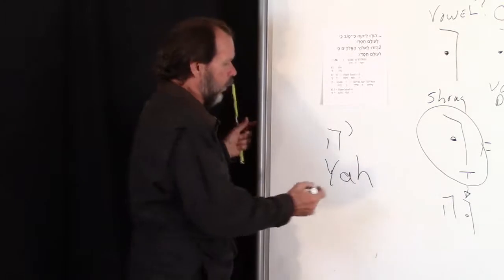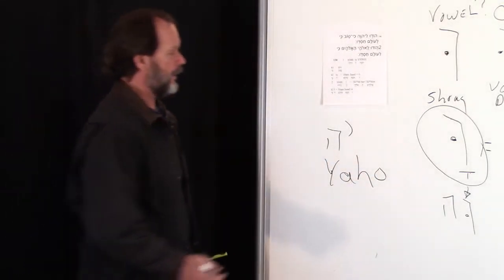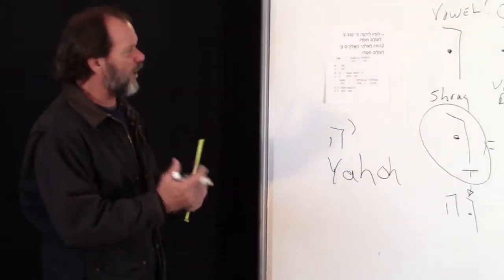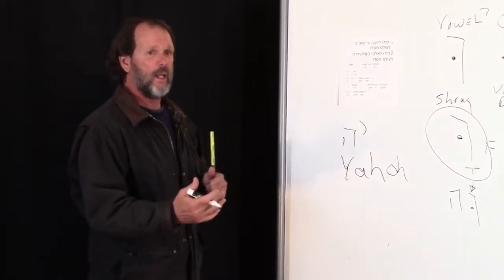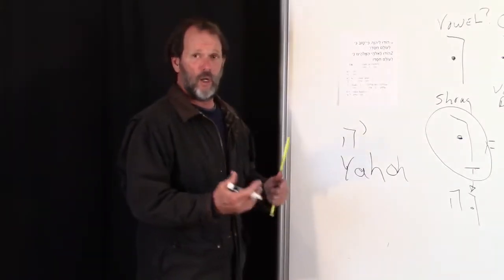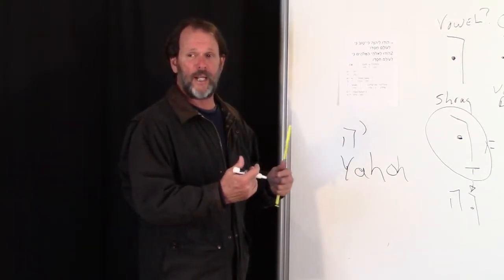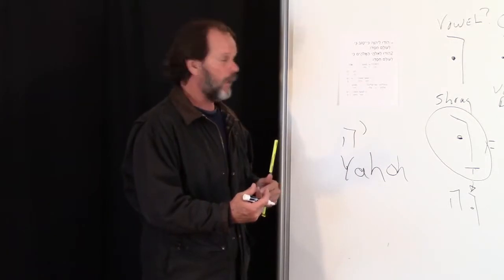Yah, Ho. Okay? And so it's pretty much from that we begin to say, wait a minute, this sounds a whole lot like Jehovah, with just the J changed to a Y, the Vav changed to a Wav. Okay?